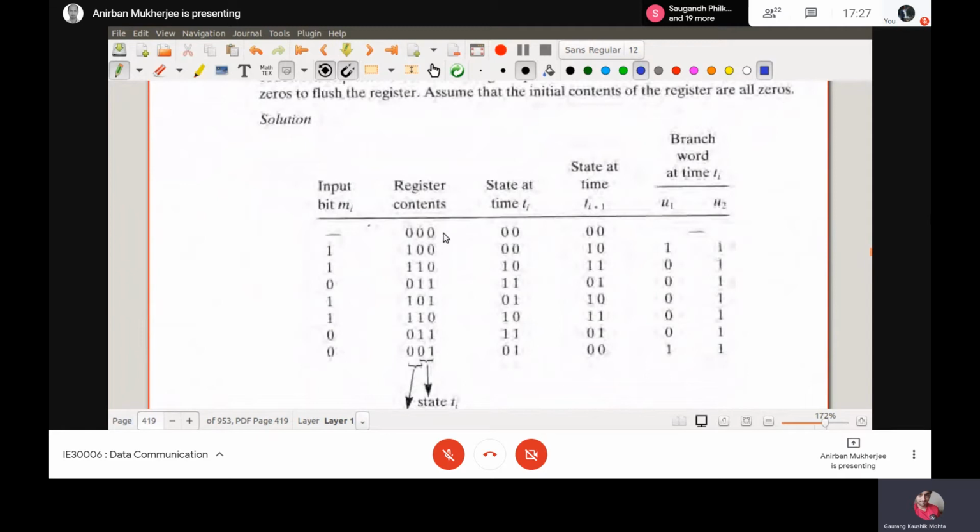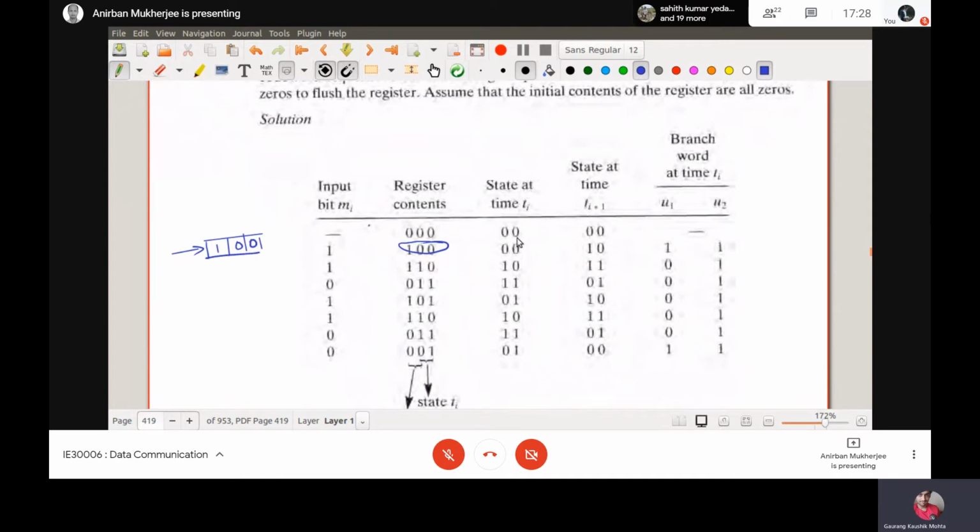If you see, I was explaining that the register content initially was all zeros. Then when the first bit is inputted, what happened? Your register content 100 was moving from this side. Now the state at time ti is 00 and 10.